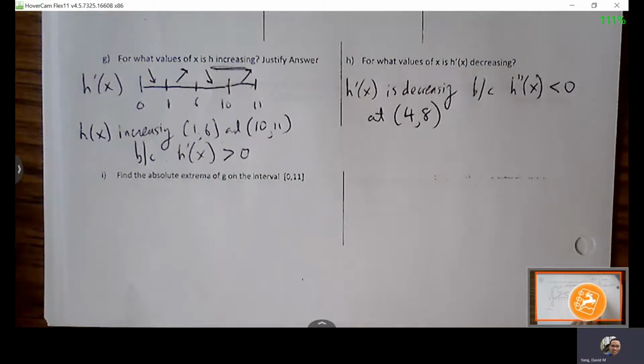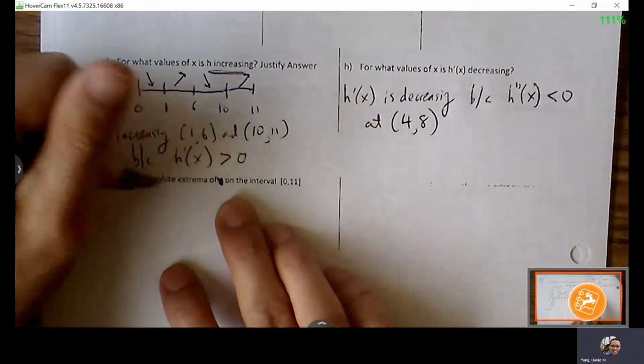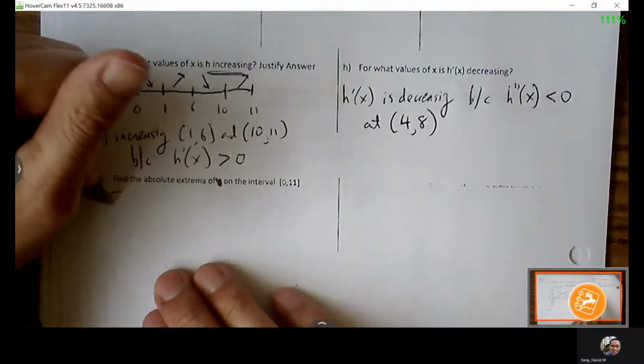Okay, number 10. Find the absolute extrema. So we're trying to find the points on... sorry about the letter here. Find the absolute extrema of h.